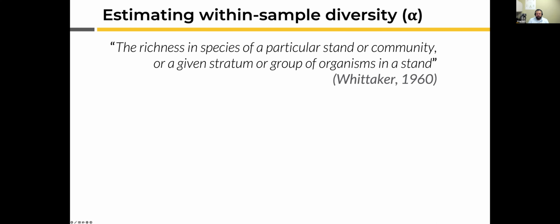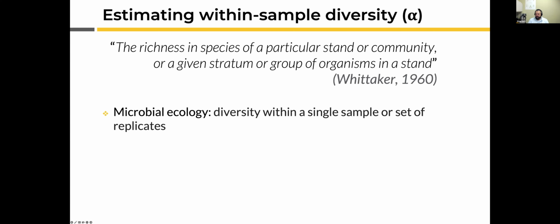So the language there isn't particularly clear, but we'll see what this means. In microbial ecology, it is diversity within a single sample or set of replicates. So this is something that you can measure at the level of a single sample.